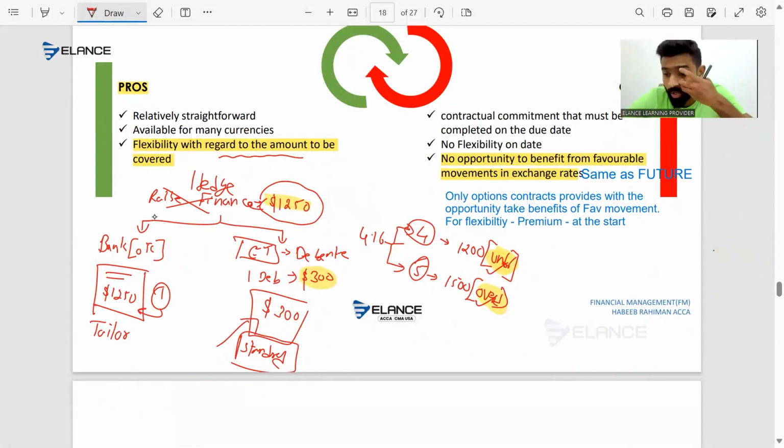Did you get it? Please do respond yes or no. Which is a standardized size contract, exchange traded or over the counter? Exchange traded. Over the counter contracts are tailor-made.